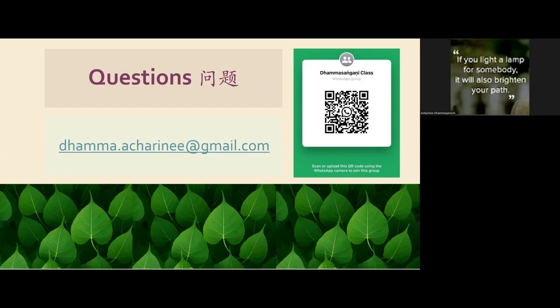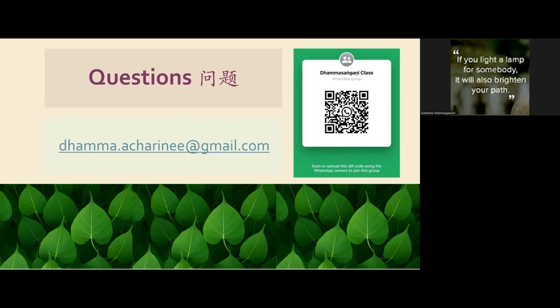No. The Phassa Cetasika is separate. Every single citta arises together with the Phassa Cetasika, because it is one of the Sabba Citta Sadharana Cetasika, a universal mental factor.